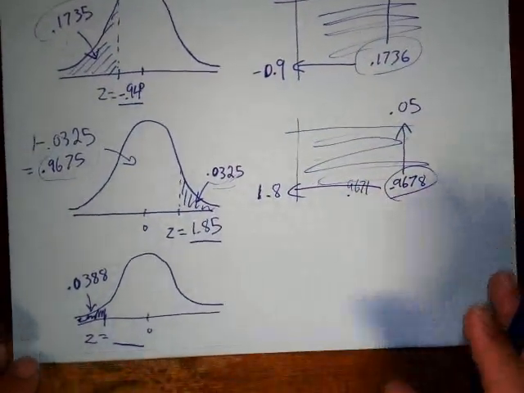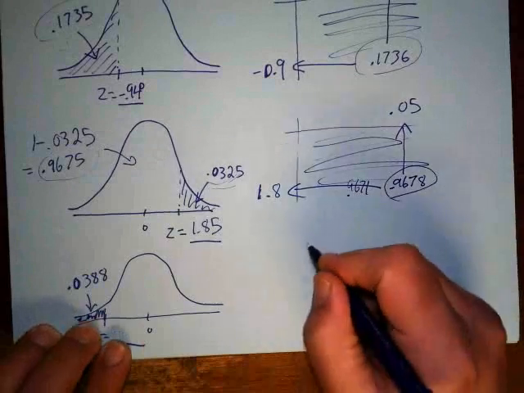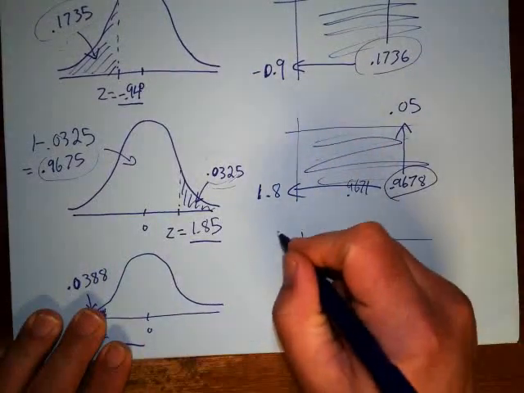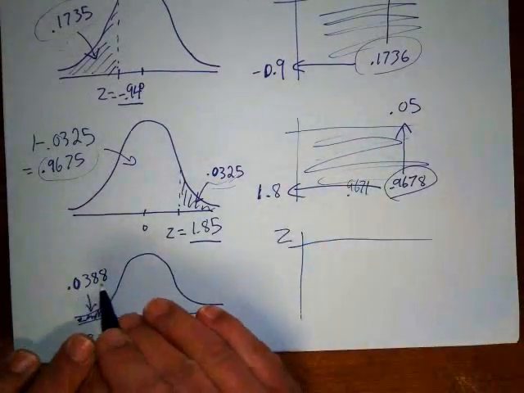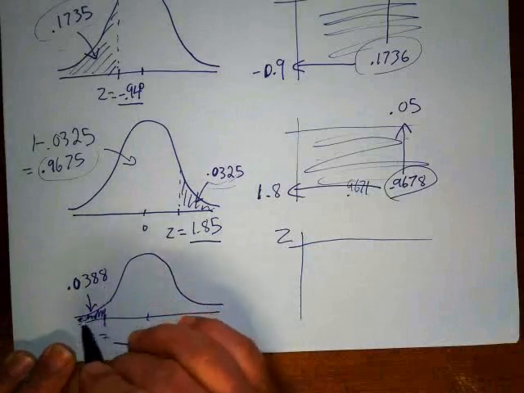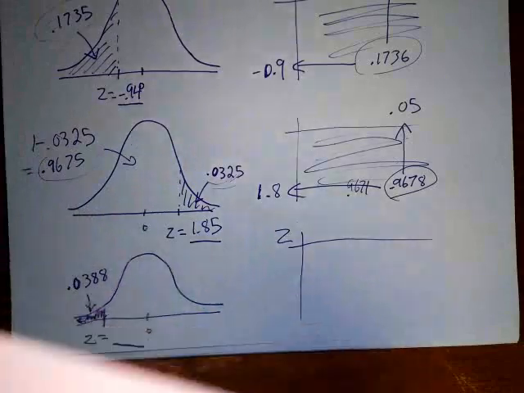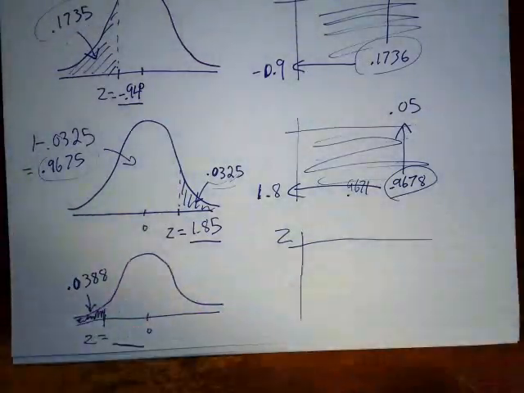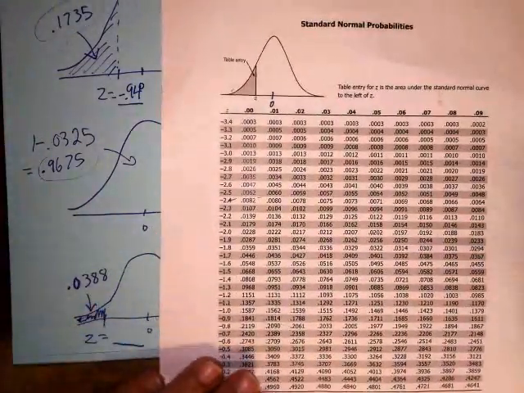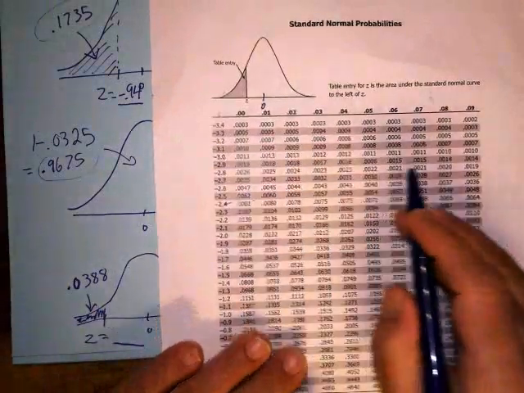Okay, now let me do one here, and what you're going to find with this one, 0.0388, is actually the area below, so that's what I want to look up on the negative side. And what you're going to find is that this one falls halfway between two values.